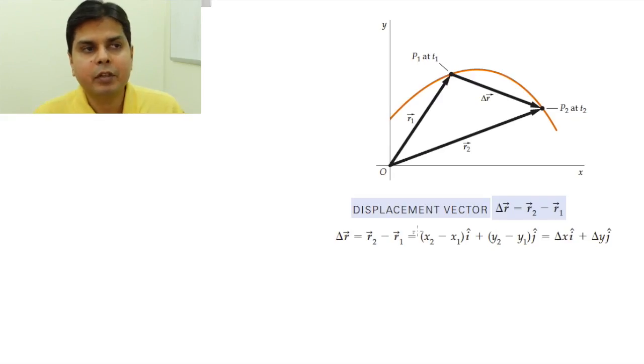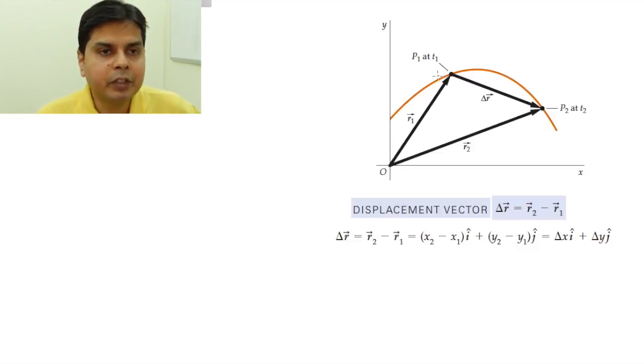Now after finalizing the position of the particle, since we are dealing with the motion of the particle, the position vector will change. So initially suppose the particle was at this point p1 at time t1, and from this point it moves to this point p2 at time t2.